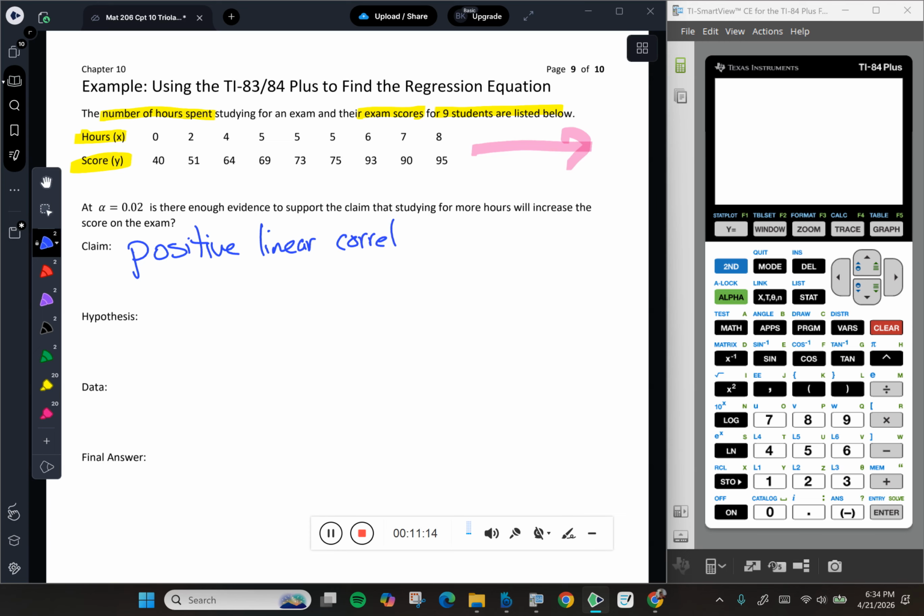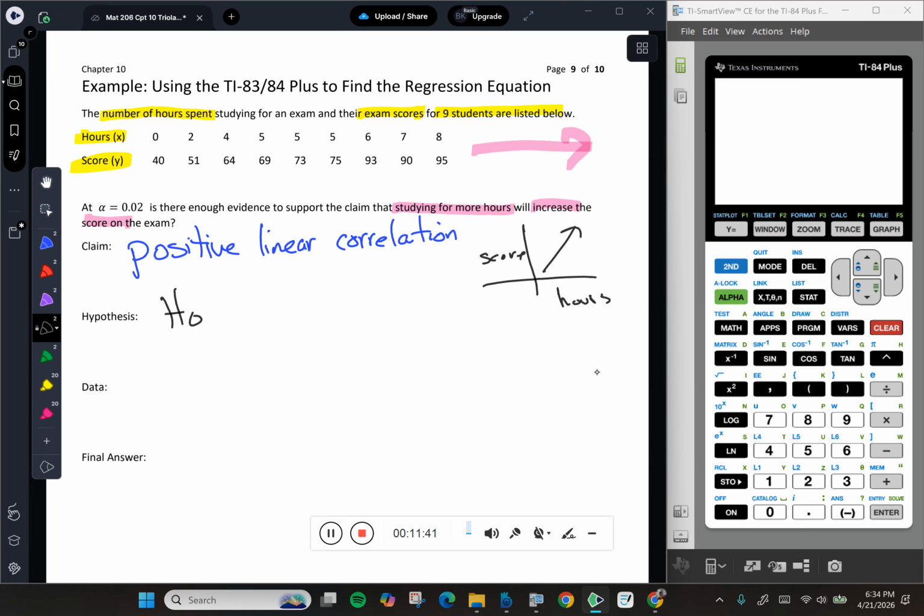And how did I get that more hours will increase the score on the exam to be a positive correlation? Well, the statement study more, increase the score means that the graph should do this, right? If this is hours and this is score, it should go up, and that would mean a positive correlation.